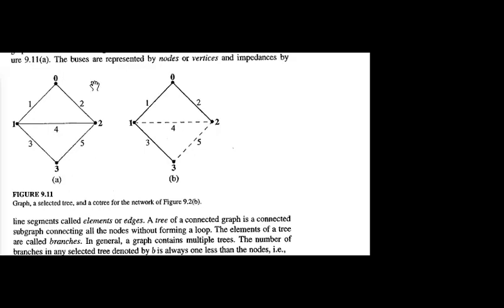And in between those 4 nodes we have 1, 2, 3, 4, 5 elements. So 4 nodes at the corners and 5 elements in between them. This diagram is known as a tree diagram.